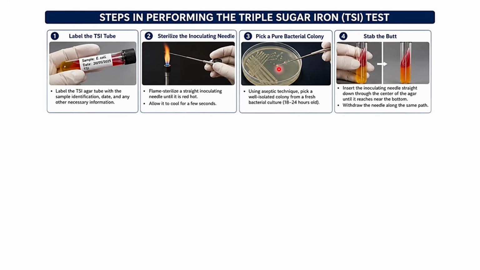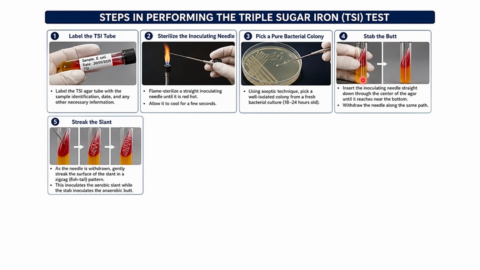And then stab the butt by inserting the inoculating needle straight down through the center of the agar until it reaches near the bottom, and then withdrawing the needle along the same path to streak the slant by gently streaking the surface of the slant in a zigzag or fishtail pattern. The slant inoculation helps to inoculate the aerobic slant, whilst the stab inoculation helps to inoculate the anaerobic butt.